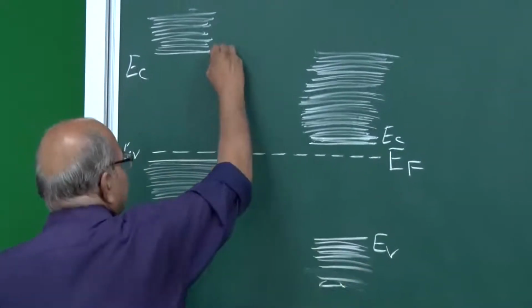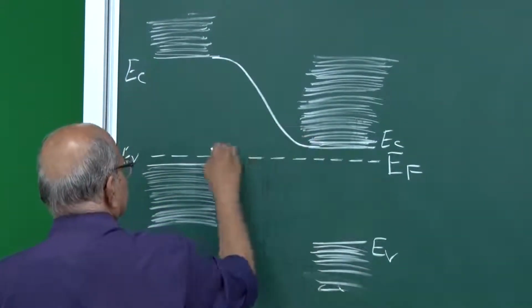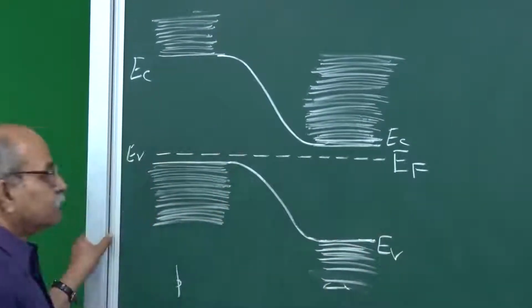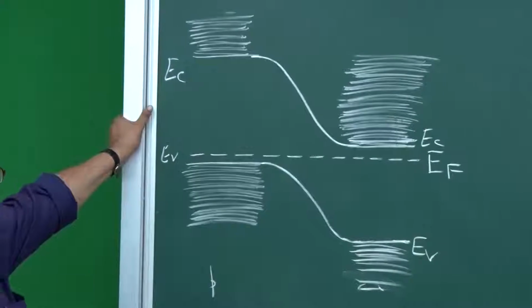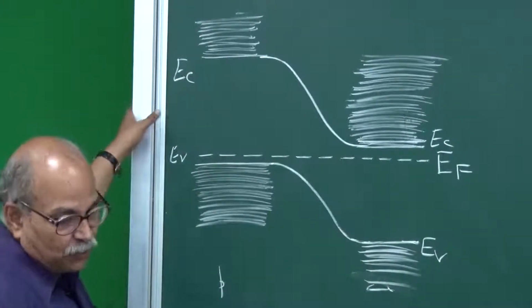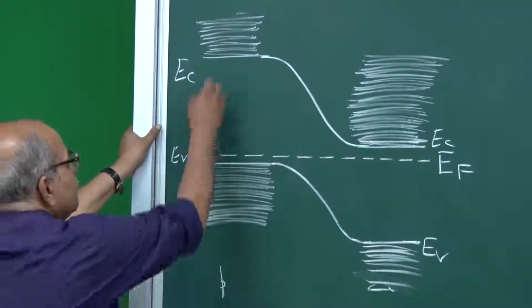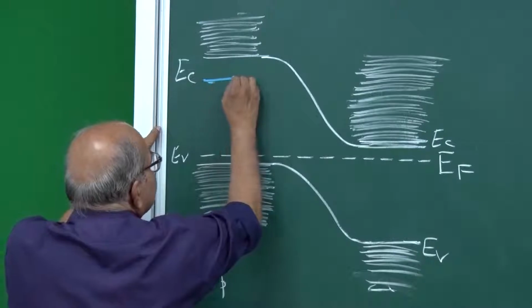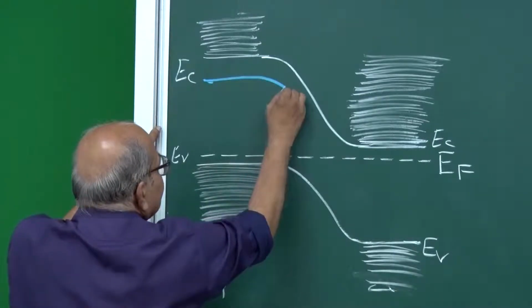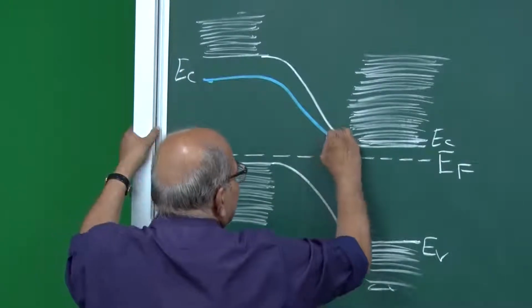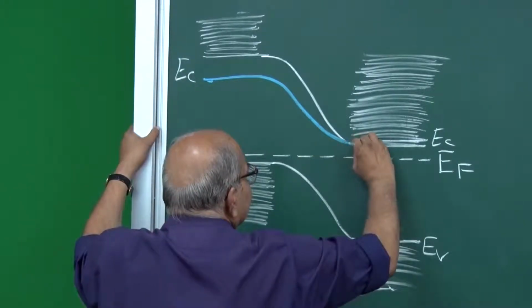Then you have this bending. Now what happens, all this energy had to come down. So our new picture will be that this EC has now shifted here. And I'm writing everything with respect to this N side, so I'm not changing the N side.